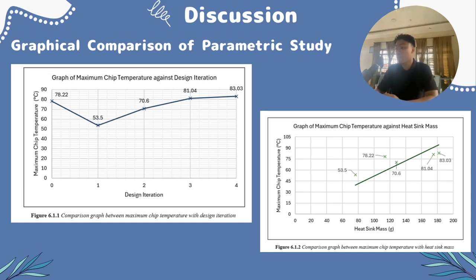For 81.04 degrees Celsius we got around 178 grams, and last but not least, 83.03 degrees Celsius, we got around 183 grams heat sink mass.